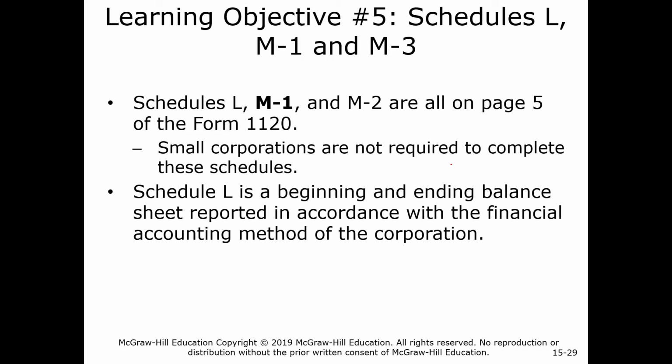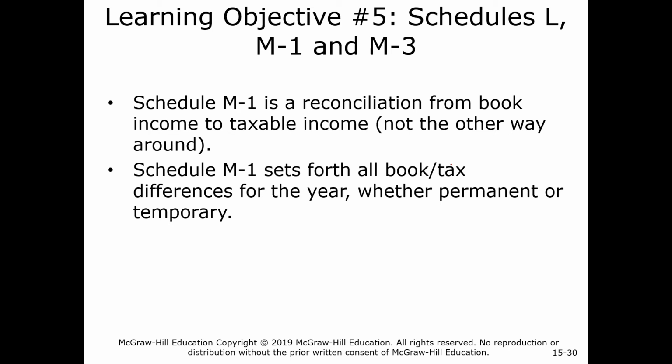The one that's a problem for students is the M1. What the M1 is basically is a reconciliation between book income and taxable income. So in this whole presentation we talked about differences pertaining to what's acceptable or deductible for tax purposes.